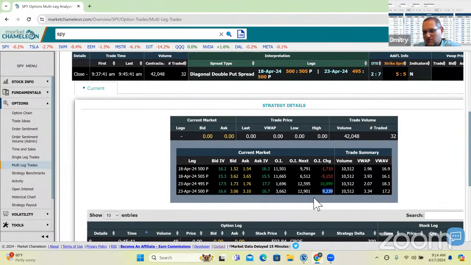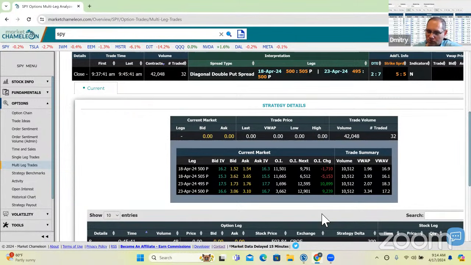See how significant it increased in April 23rd. It does suggest that this was a roll of a put spread from one expiration to the next. Okay, so this is just giving you a quick way to try to figure out what went on, right?